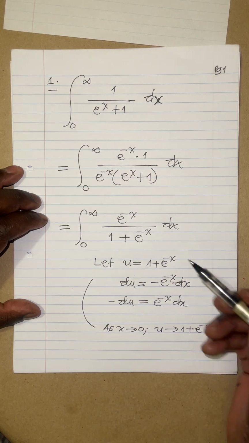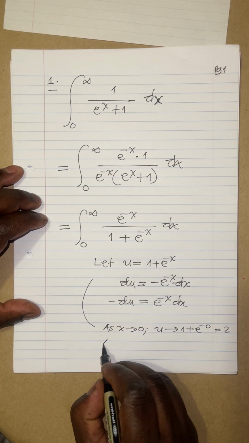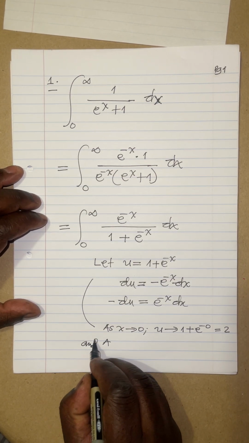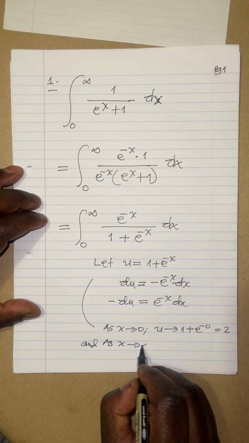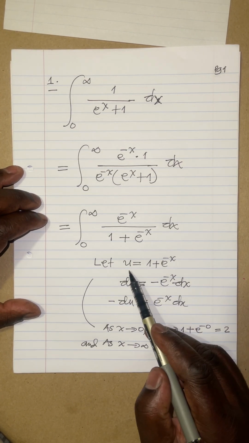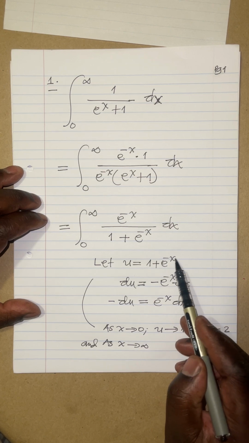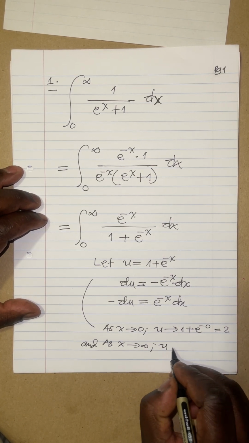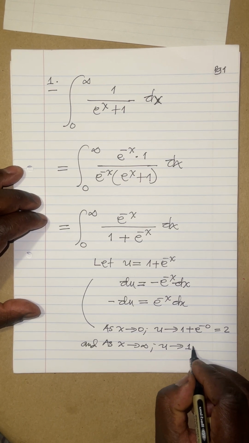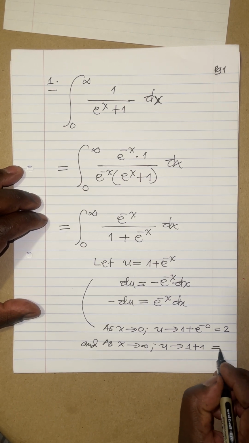Now, let's look at the upper limit. What about as x approaches infinity? We're back here. As x approaches infinity, e to the power minus x approaches 0, and so you just have u approaching 1 plus 0, which is equal to 1.